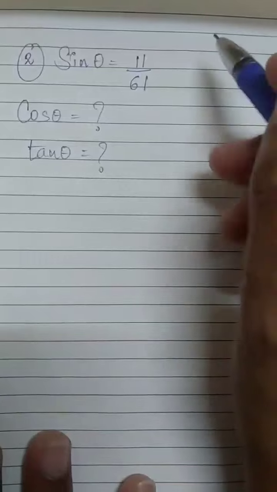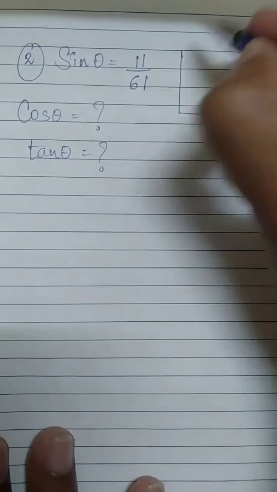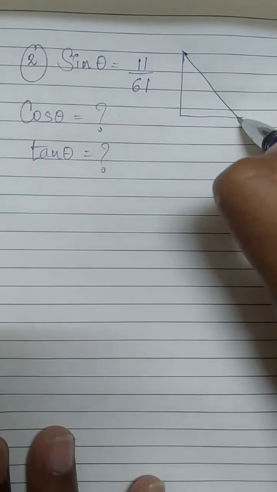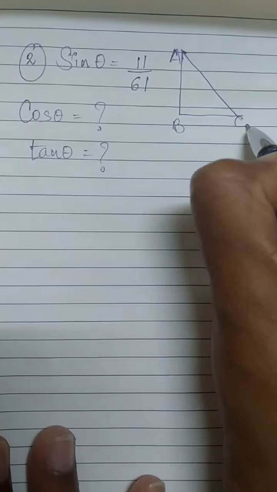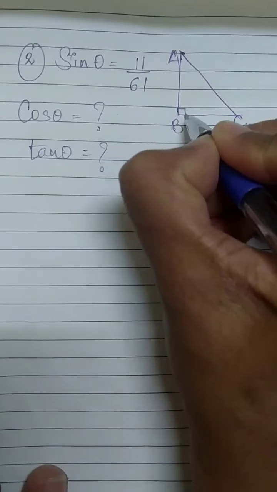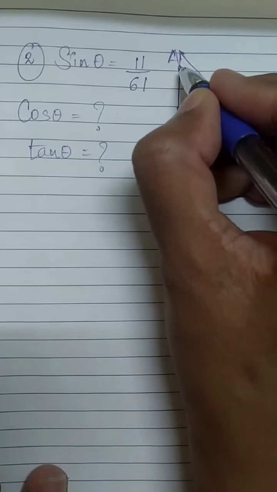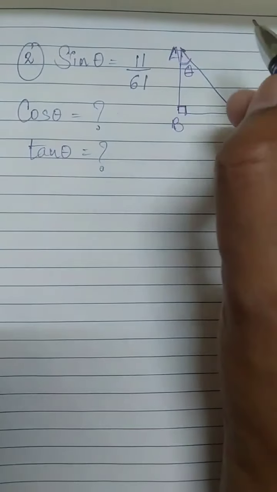Here sin theta is given. Same method, you will consider a right angle triangle. Name it as ABC. Draw it with pencil. Angle B we will consider as 90 degrees and any one angle out of A and C we will consider as theta.